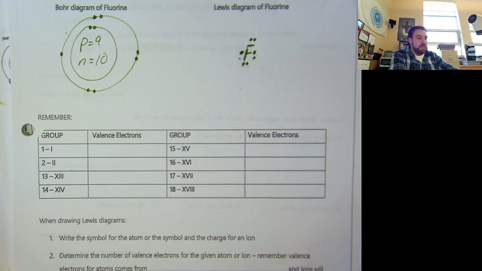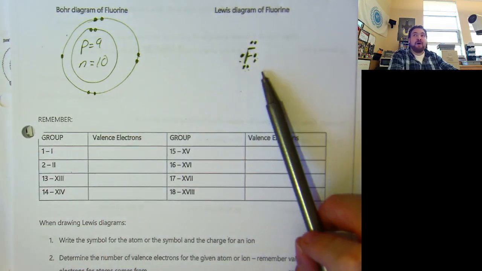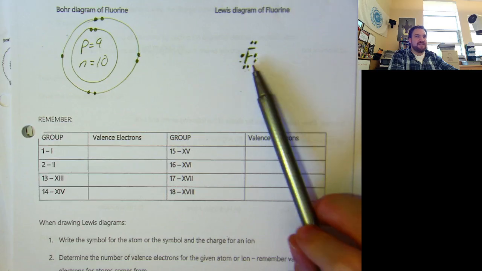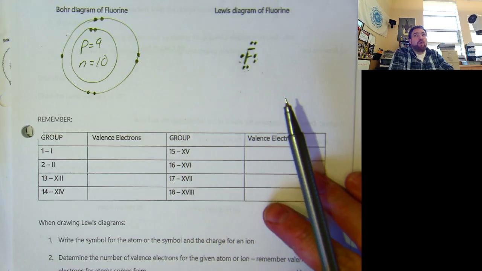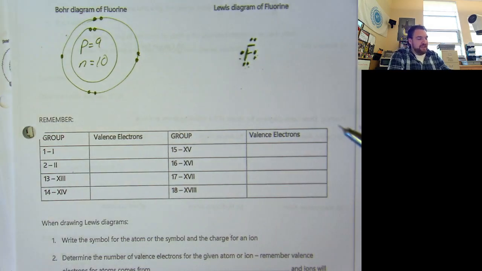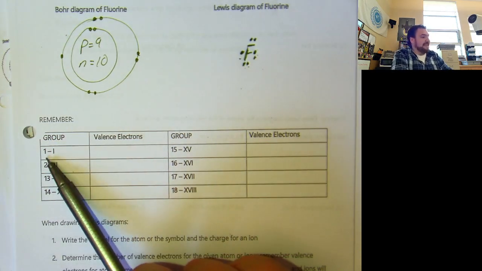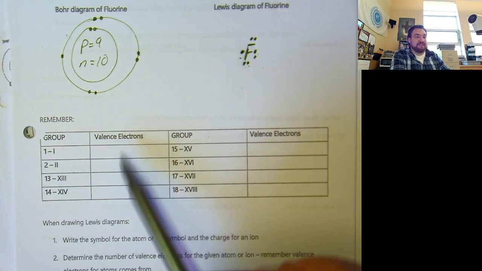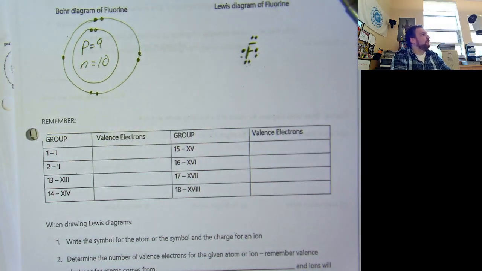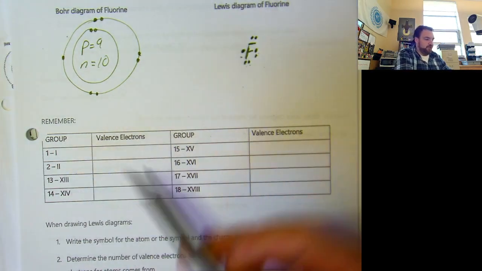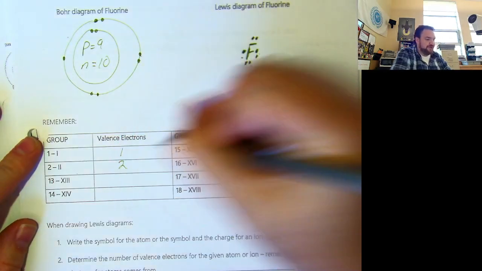Okay, so Bohr diagram, Lewis diagram. Arguably, obviously simpler. Way less to draw, especially once you get down to some of the really massive elements. So the only thing you have to remember is that the group number is tied to the number of the valence electrons. So group 1 and group 2, the first two columns are easy: there's 1 and 2 valence electrons.